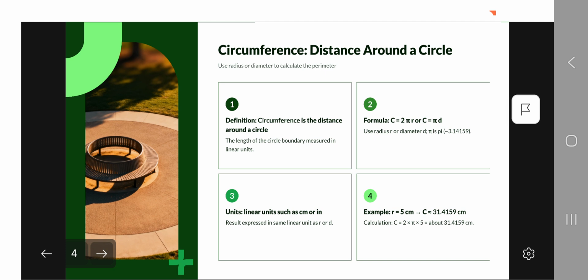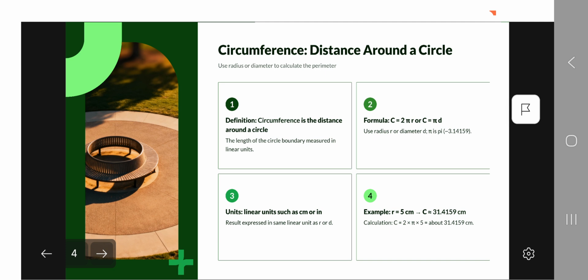If we take one of them, circumference is equal to 2 times pi times 5. So now it's 6.28 times 5. 6.28 times 5 is about 31.4159. Sorry if I got that mixed up again.